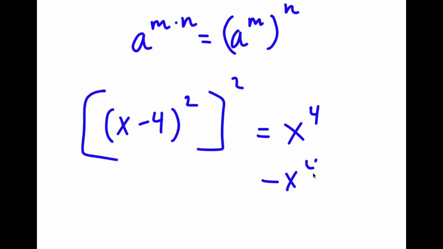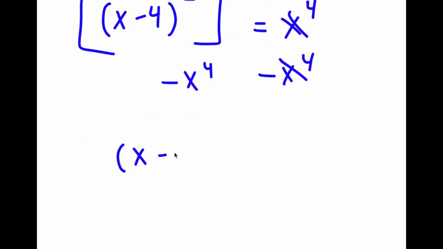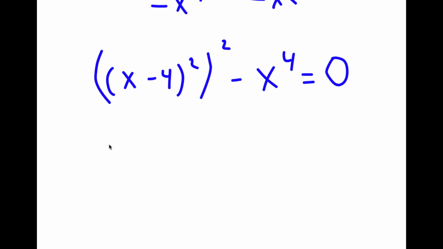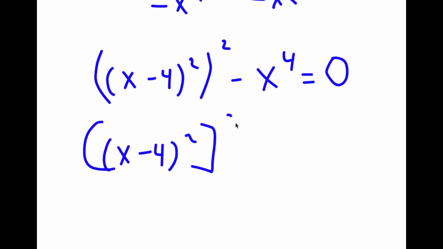Now I'm going to subtract x to the power of 4 on both sides. So now I have x minus 4 squared to the power of 2 minus x to the power of 4 is equal to 0. And x to the power of 4, I'm going to rewrite this as x to the power of 2 to the power of 2.